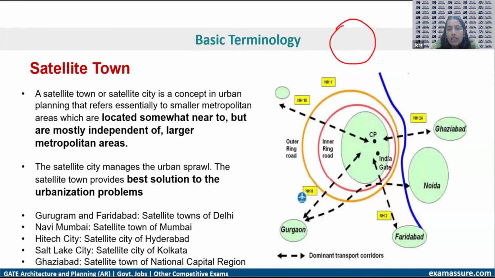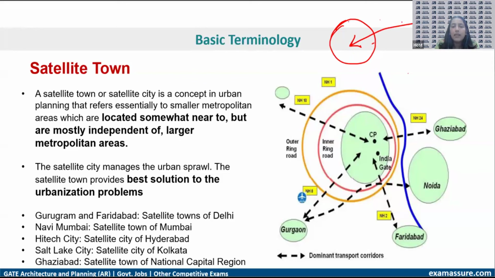Same is the concept for a satellite town, where you have a larger settlement or a large metropolitan area, right? And you have a smaller town that is located nearby, outside its administrative boundary. This small town has its separate administrative boundary. Your metropolitan or large town has a separate administrative boundary. But there is an interdependency of this small town on the larger town, for people traveling to this place for their jobs, employment, or going to college, coming back, etc. Right?